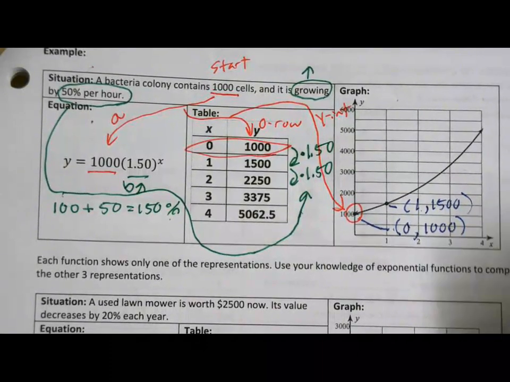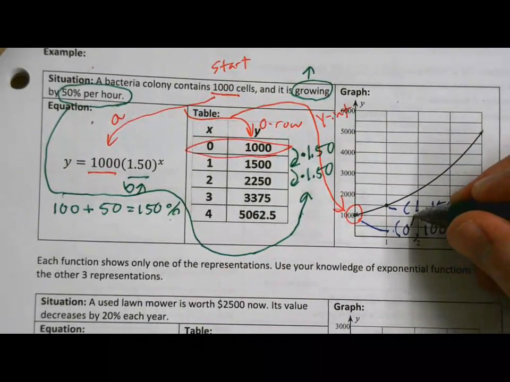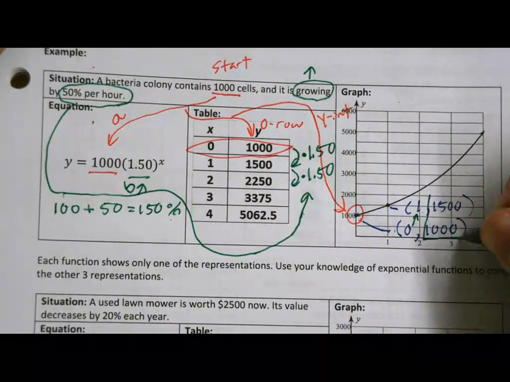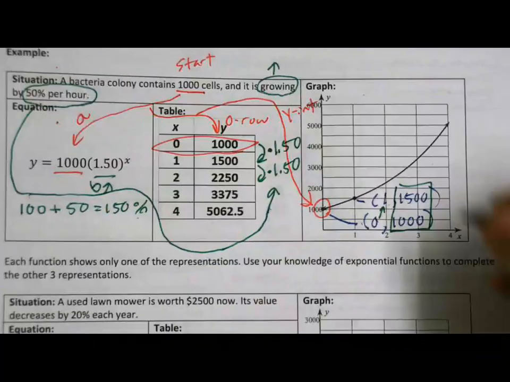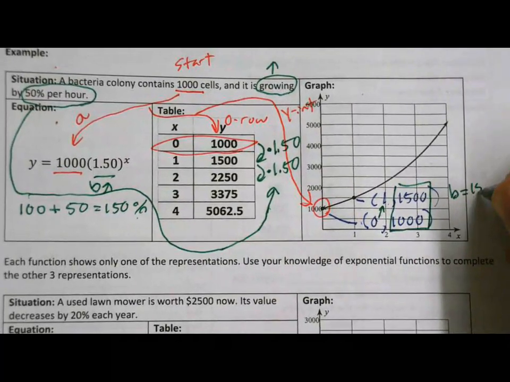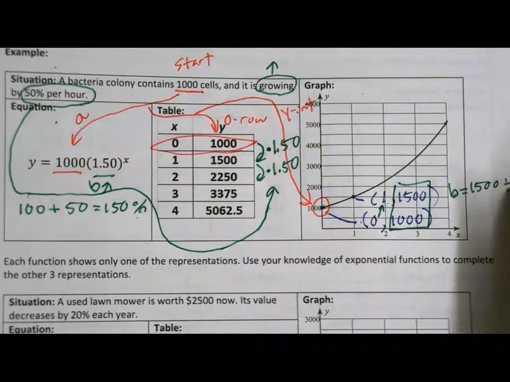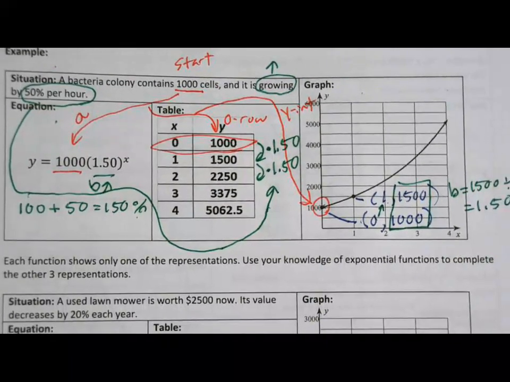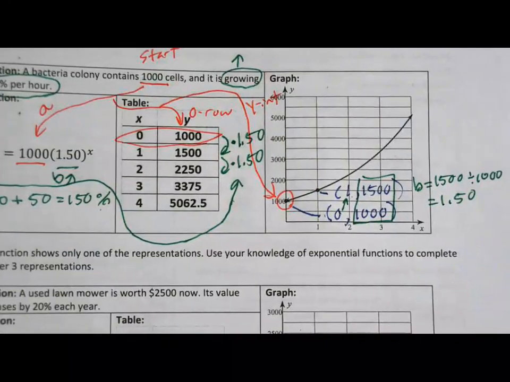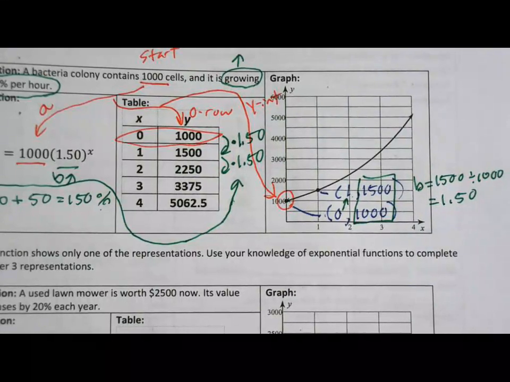And since this is a step of just 1, then we can use these two things to find our multiplier. So B would be 1500 divided by 1000.